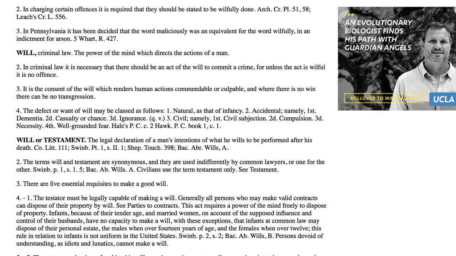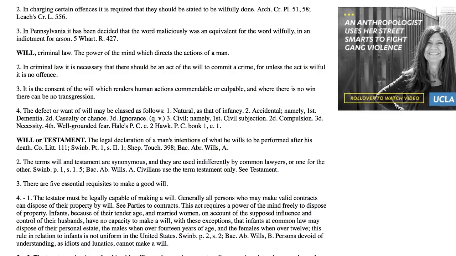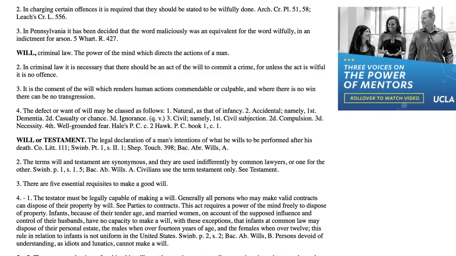So here's what a will is. Remember, the will governs the estate, right? And this is why we talk about needing to be an executor, which is basically going to be the same person as the trustee for the declaration of trust that is titling the estate. Okay? So what is a will?